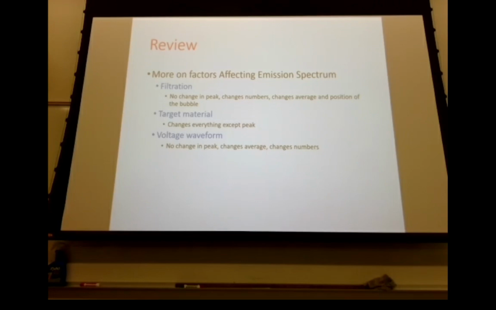KVP or mass? Mass. Because it's already pushing it towards the high energy side and increasing the likelihood that we're going to get scatter radiation to the image receptor, right? So if we increase KVP, we also increase the average, which increases the chances we're going to have more scatter radiation to the image receptor. It compounds the issue. We have scatter on scatter, okay?